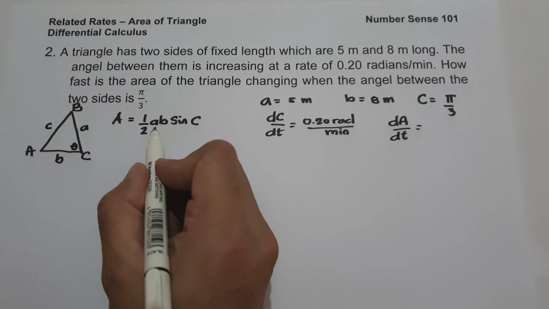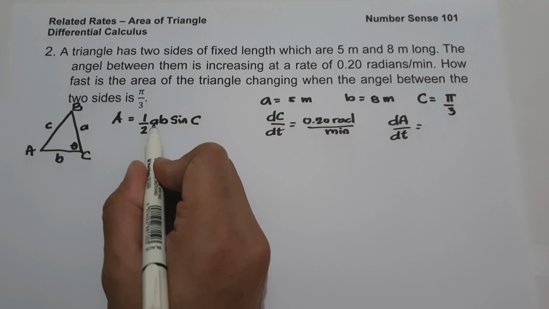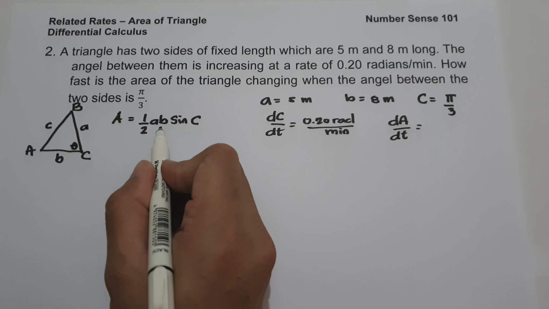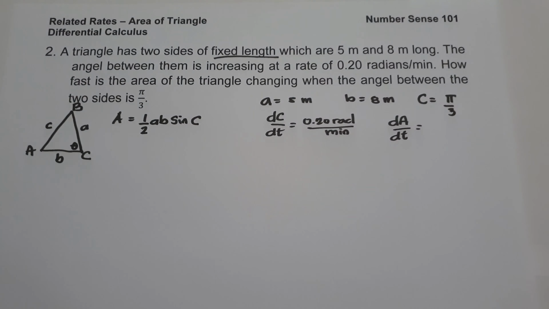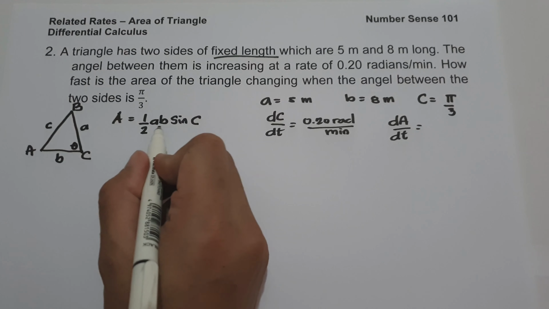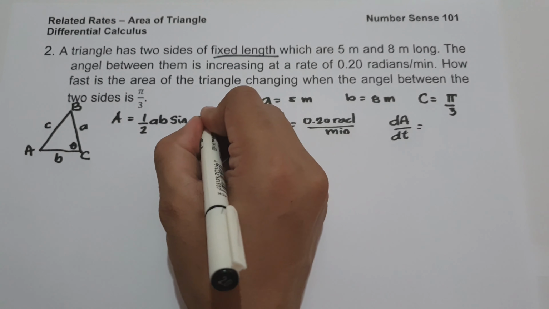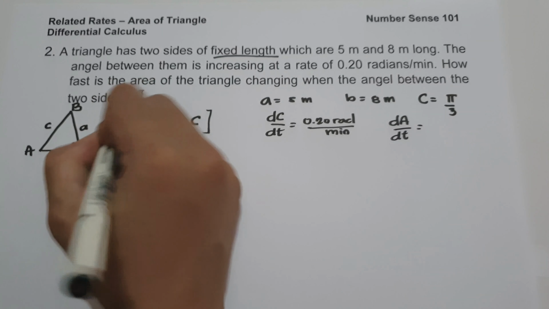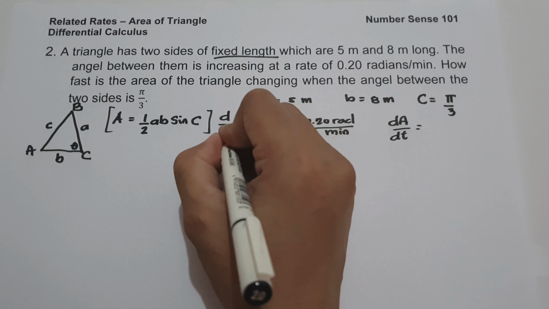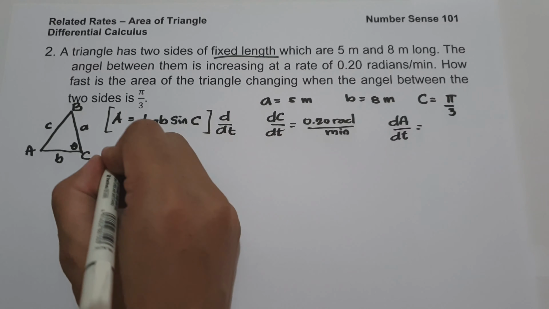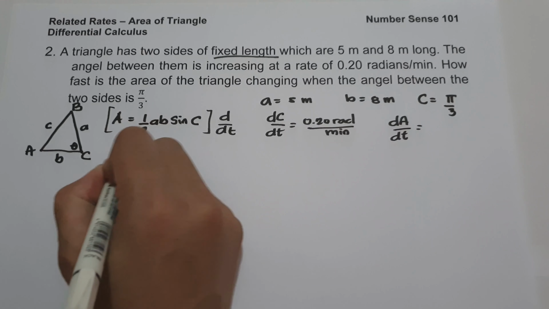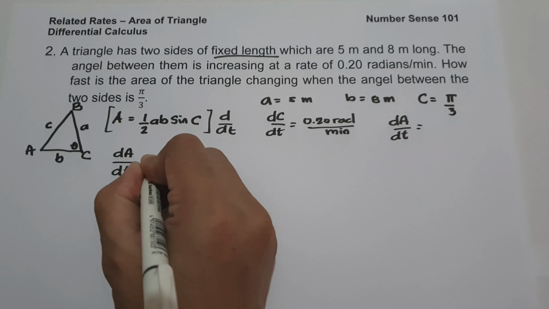So as you can see, we don't have a value for da over dt and db over dt because of this statement. The given problem says the triangle has two sides of fixed length. That's why a and b are constant. So therefore, let us differentiate both sides of the equation with respect to time. The derivative of A with respect to time is dA over dt.